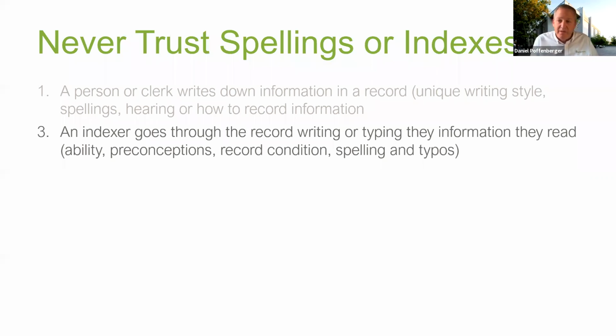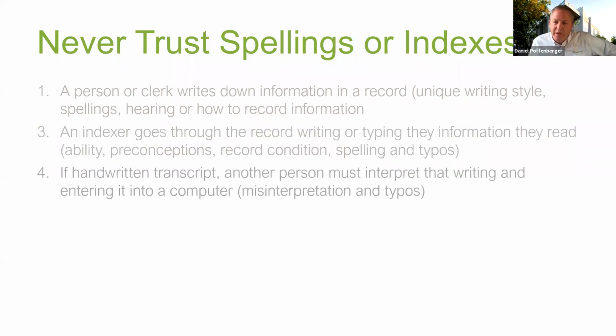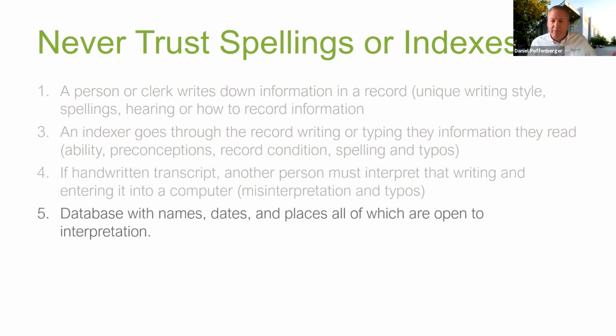They're trying to figure out what it says. Maybe the record's in really bad shape and hard to read. They could make typos, something as simple as a typo. And again, there aren't spelling consistencies, so you need to be aware of that. If they're writing this down, then you have another person who has to interpret that person's writing as they enter it into a computer. And so you have another opportunity for problems.